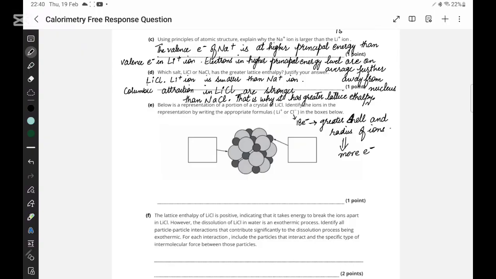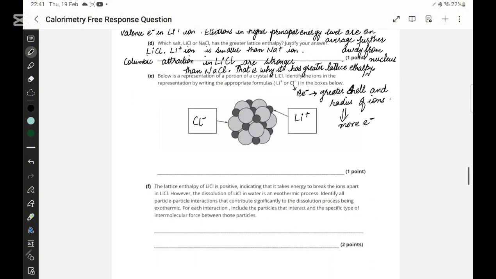You can see the one which has a greater shell would be the chloride ion, and the one which has a smaller shell would be Li positive.